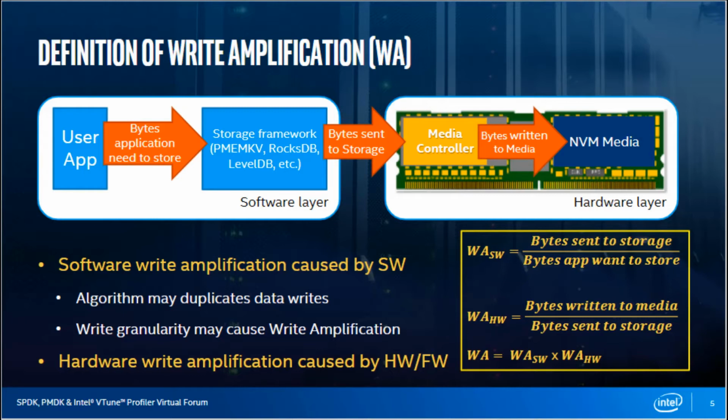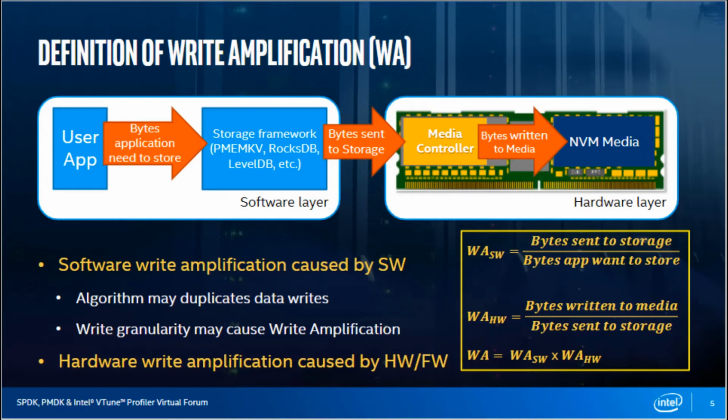On the right bottom corner, I provided formulas to simplify the calculation of write amplification. Software write amplification can be defined as the ratio between the amount of bytes we send to the storage and the amount of bytes the application wants to store.